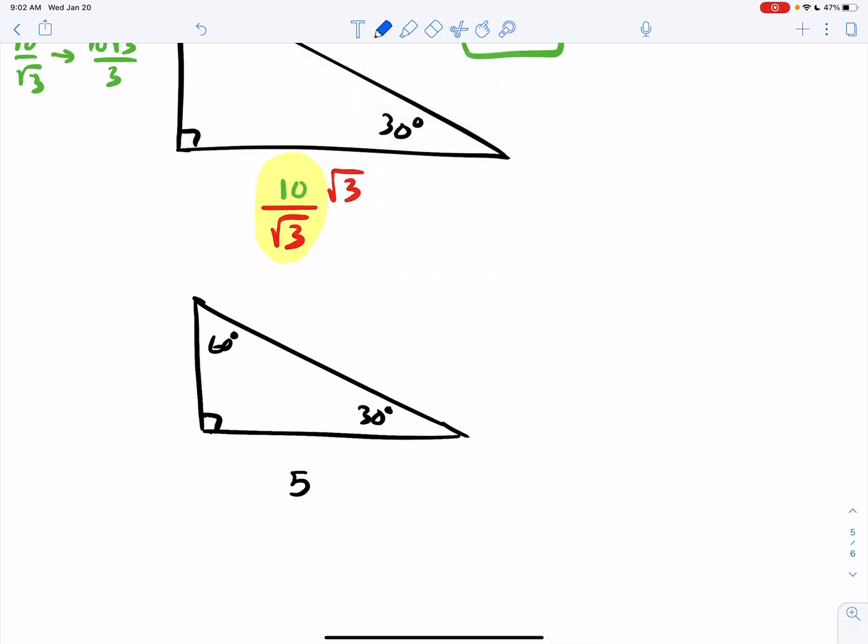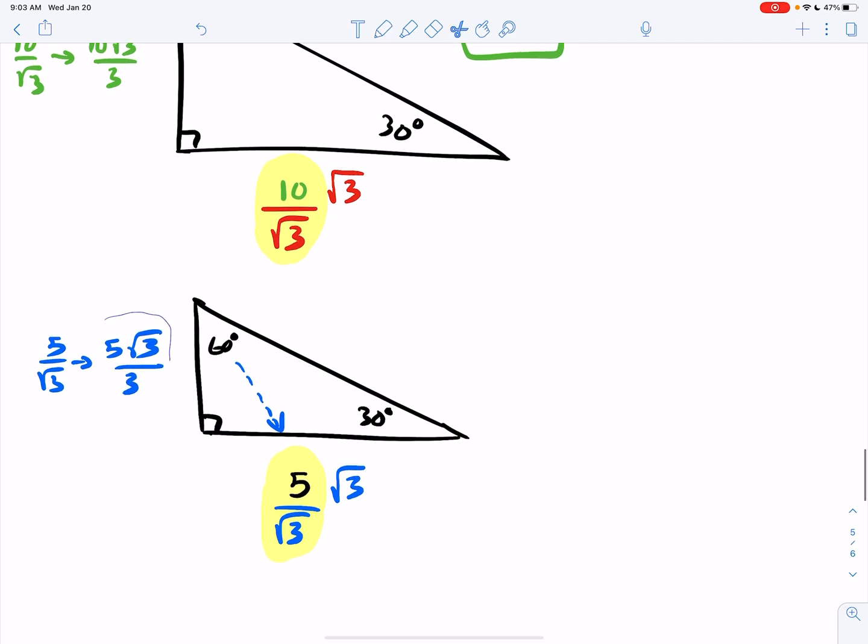Okay, so normally opposite of 60 should have a radical 3, but it doesn't. So I'll put one there, but I'll have to put one below the value. What's in front of the radical 3 is going to be my short leg as well. So that's going to be 5 over radical 3, also known as 5 radical 3 over 3.